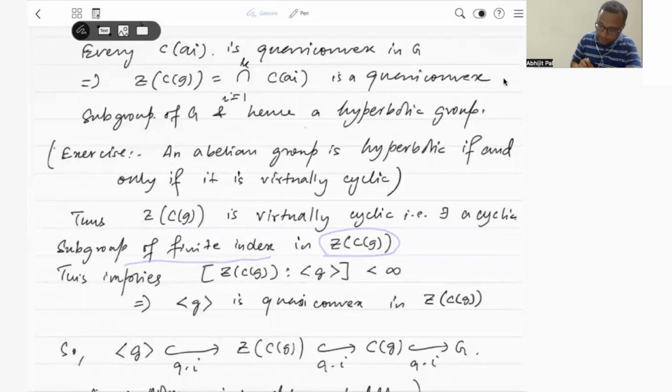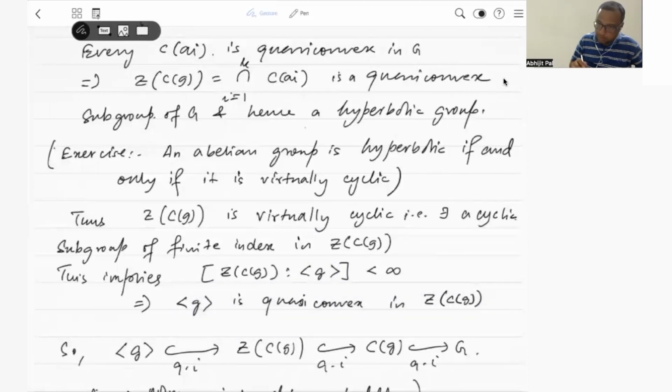This implies that the index of this infinite cyclic subgroup in the center of the centralizer is finite, and this implies that this cyclic subgroup is quasi-convex in the center of the centralizer.